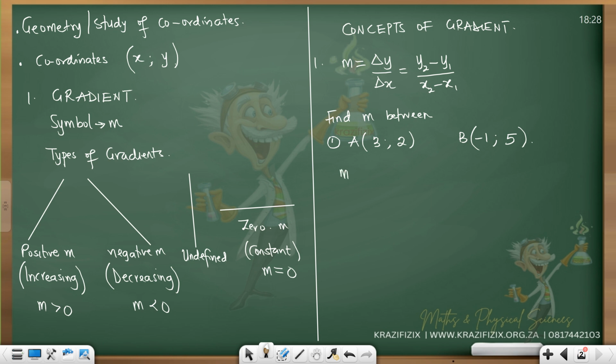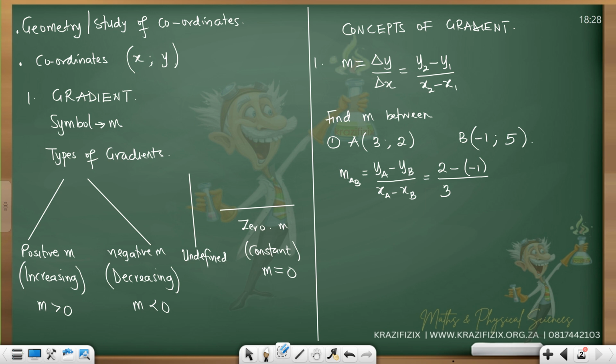Since gradient is small letter m of AB, I'll say YA minus YB over XA minus XB. What's the Y value of A? Minus, what's the Y value of B? Negative 1. The X value of A. Right, I hope that makes sense. Y value of A, 2 minus 1. Then we have what? 3.